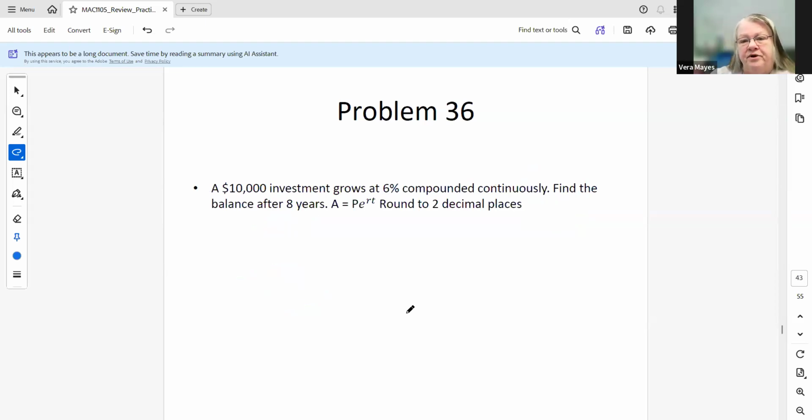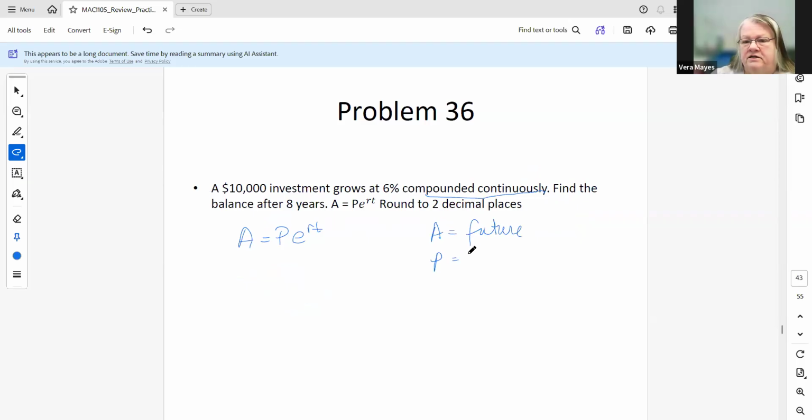Here's a real world example of using an exponential function. So we've got our function, A equals P e to the rt, and we're using this one because this is being compounded continuously. So let's think about it: A is our future value.